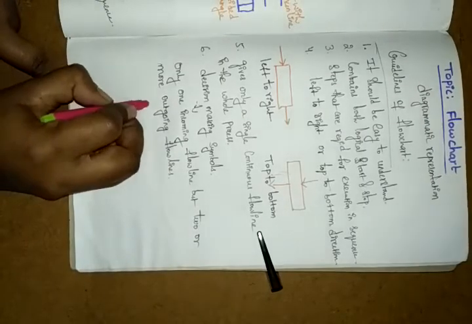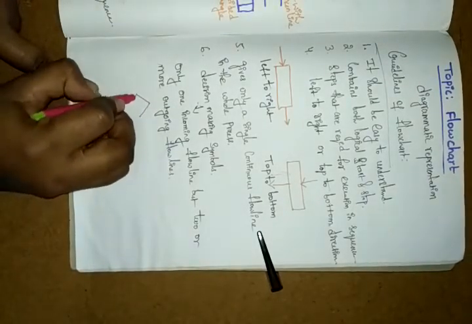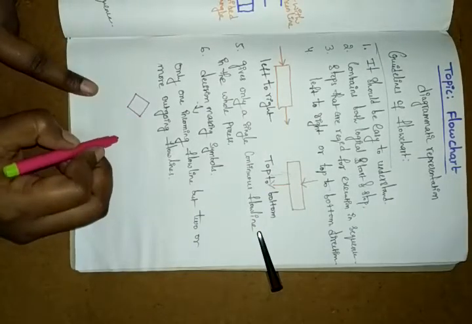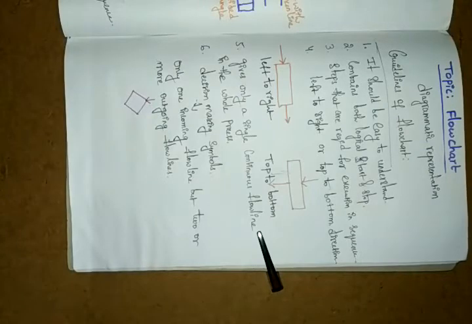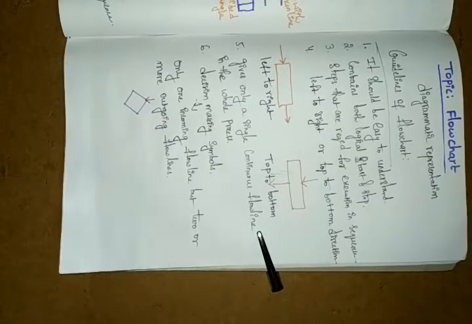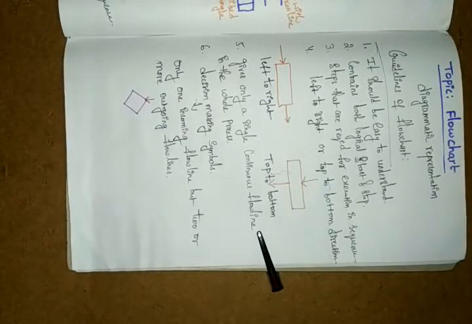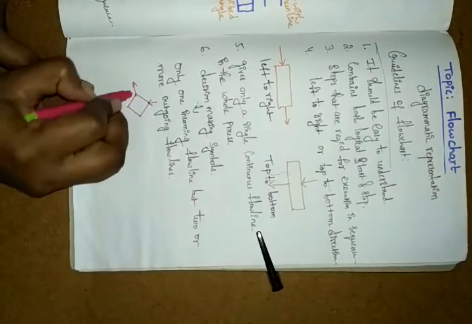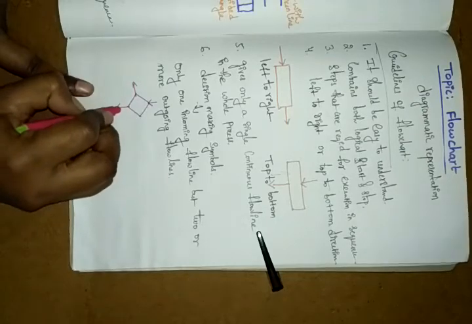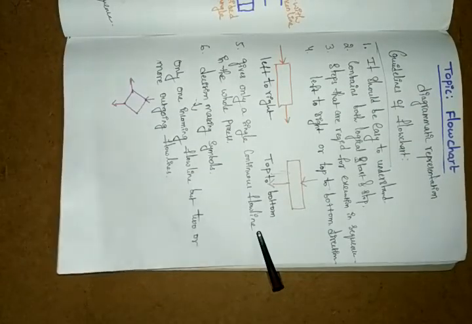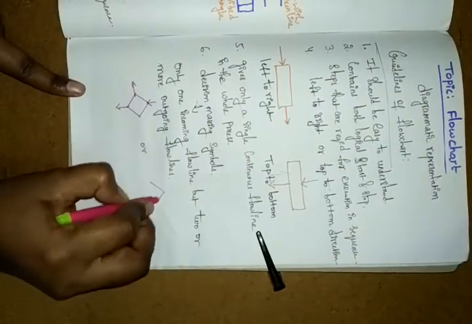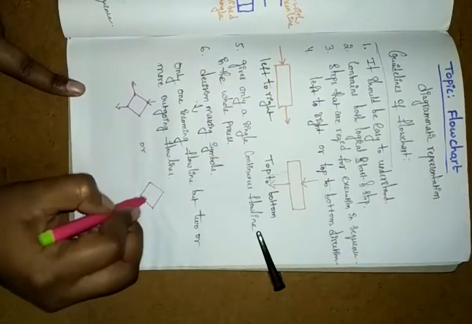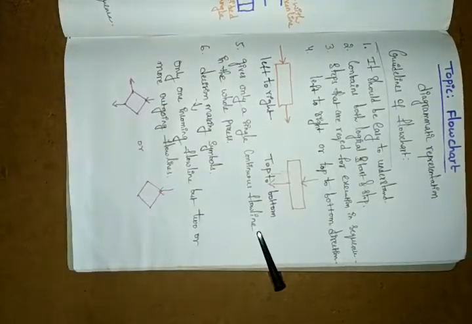Here I am taking one decision symbol, which is like a diamond. Here I am giving one incoming flow line. It is giving more outgoing flow lines, right? It may be left or it may be down. Again I am taking one diamond symbol, giving one incoming flow line.